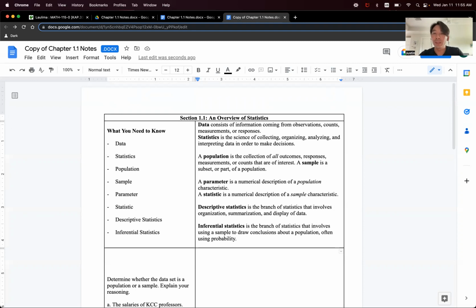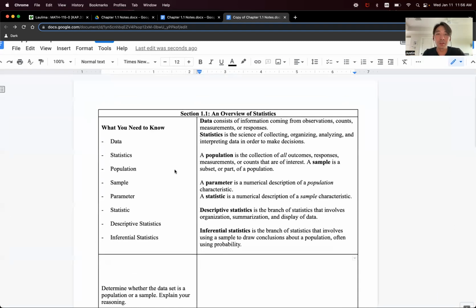And those two things are really separating what's the difference between the population and a sample, and then along with those things, what is the study of numerical characteristics of that population, and what's the difference with that compared to numerical descriptions or numerical characteristics of a sample. Okay, so let's go into the vocabulary to start.